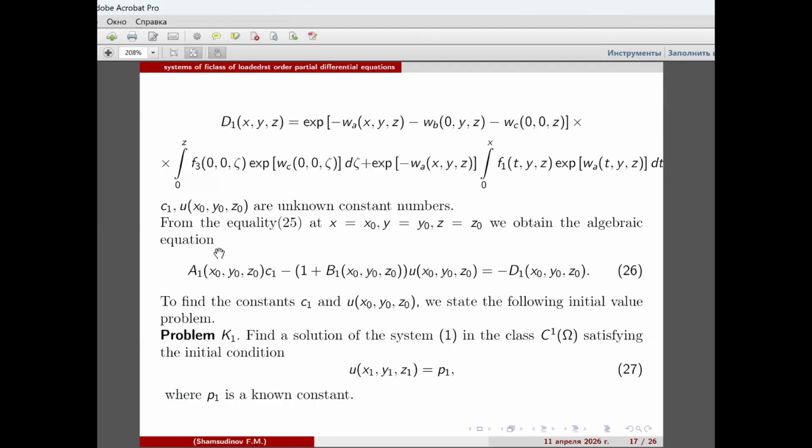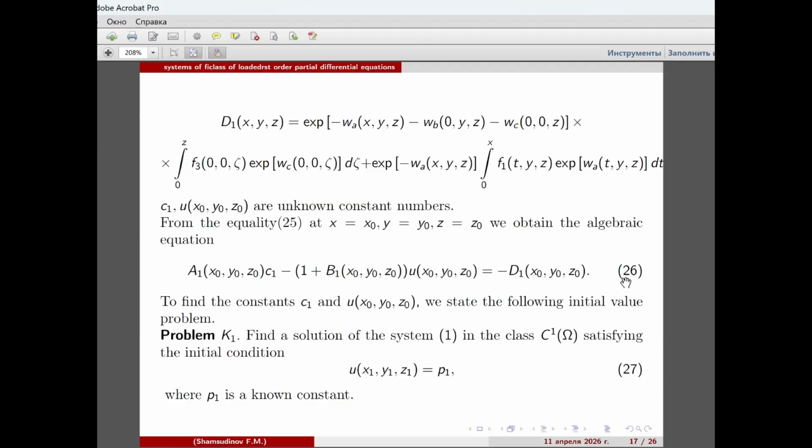From the equality 25 at x equals x0, y equals y0, z equals z0, we obtain the algebraic equation 26.